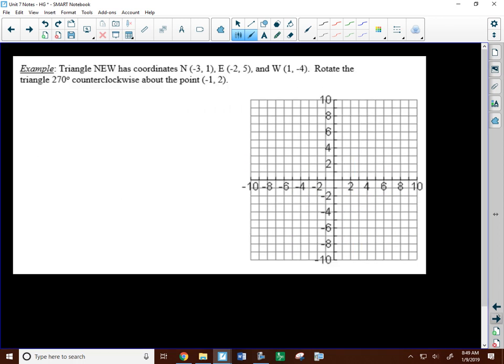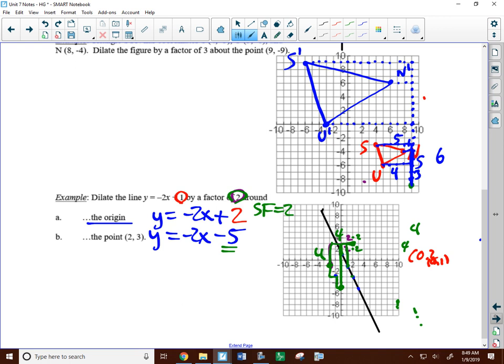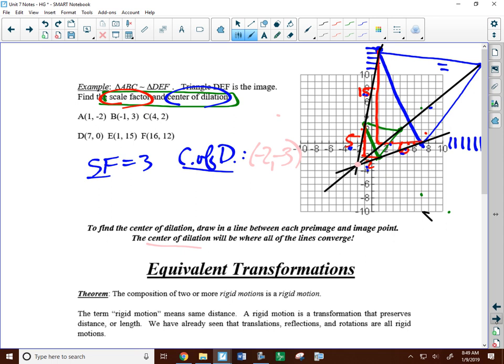For dilating, you can do the same thing. You can draw the new axes, relabel the points like here, and then do the dilation as normal. Or, I showed you in this one, you kind of do this counting method. The line one, did that, and then here you draw in the lines to find the center of dilation.